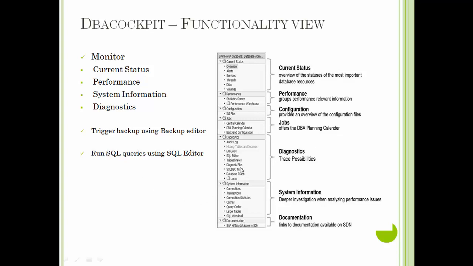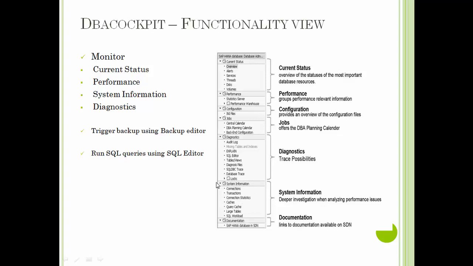And coming to SQLDBC trace, which can be used for activating, deactivating, and analyzing the SQLDBC trace, and similarly for database trace, where we can activate this trace or deactivate, and obtain the trace and do an analysis on that. Also check logs on the database present.